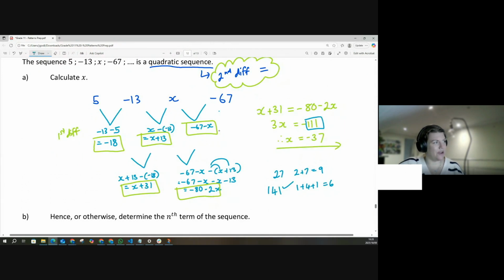So we now know that this x over here is negative 37. Doesn't really affect us, to be honest, but hence or otherwise determine the nth term of the sequence.